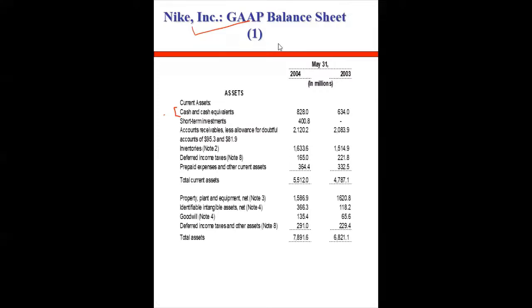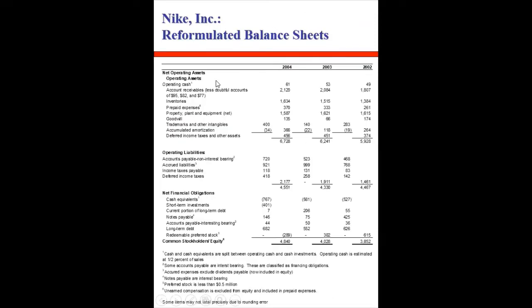Yeah, good. As this is not a financial company, this is a manufacturing company. So what can we do as a typical approach? We can take 0.5% of sales as operating and the remaining amount as financial. Let's check whether we have the income statement.